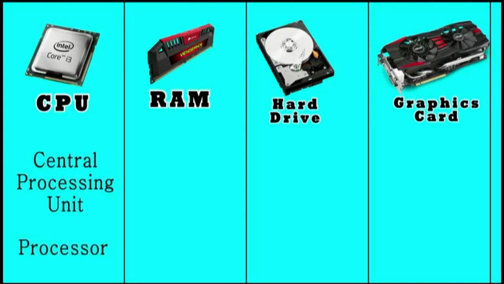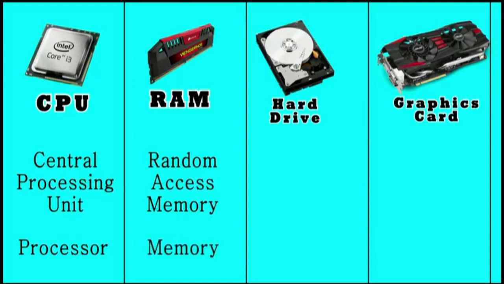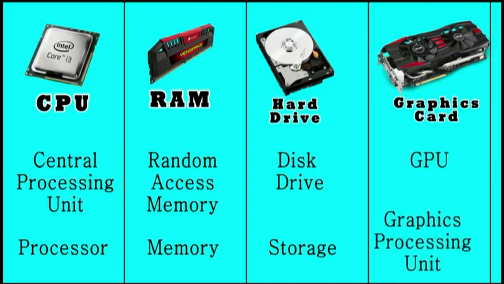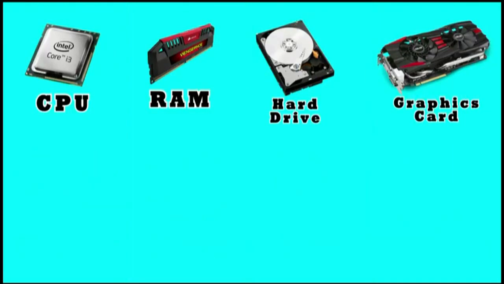RAM is the random access memory of our computer and we can say it is a memory unit. Next is hard drive. It is also known as disk drive and it is for storing the data or information inside the computer. Graphics card is known as GPU, or graphics processing unit. Now I am going to explain one by one.